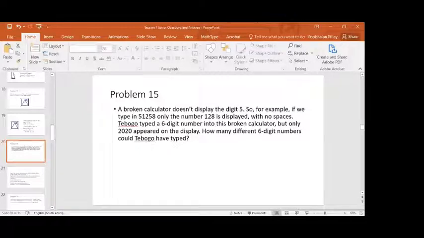Okay, so you got a calculator which doesn't display the digit 5. So for example, if we type in 51258, the 2 5s disappear and only 128 remains with no spaces. Tobago typed a 6-digit number into this broken calculator, but only 2020 appeared on the display. How many 6-digit numbers could Tobago have typed?